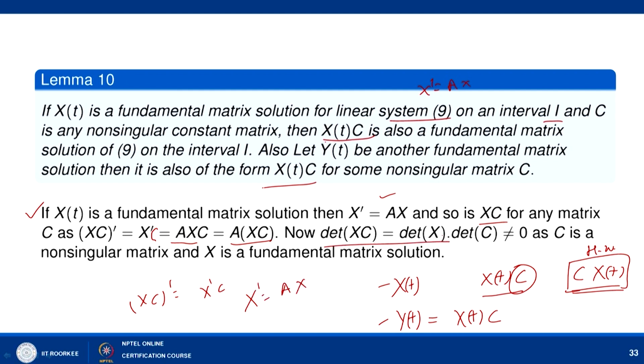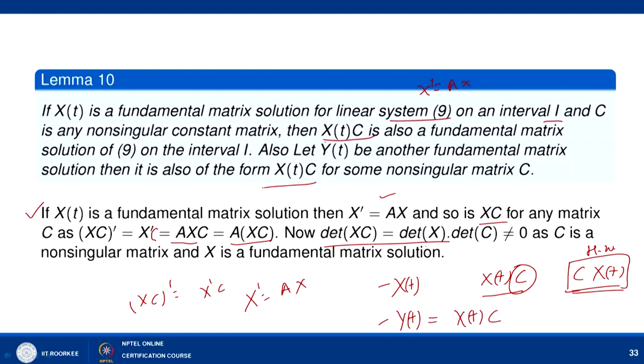Now, the first thing is obvious: XC is a solution matrix. Second, we have to show that the determinant of XC is non-zero. The determinant of XC is nothing but determinant of X into determinant of C. Now, determinant of X is non-zero because X is a fundamental matrix solution, and determinant of C is non-zero because C is a non-singular matrix, which we have taken.